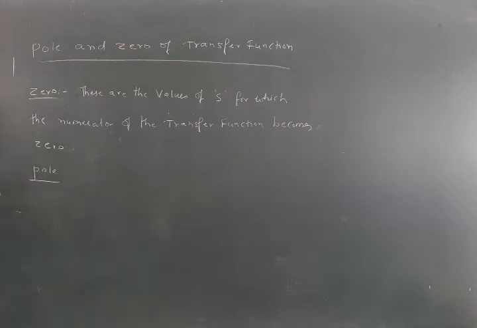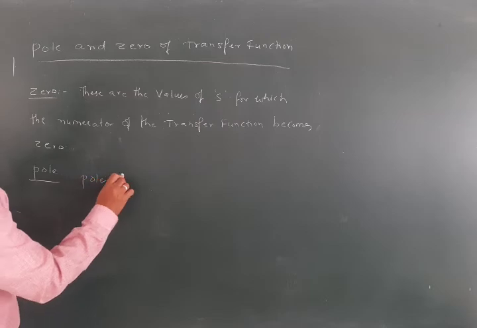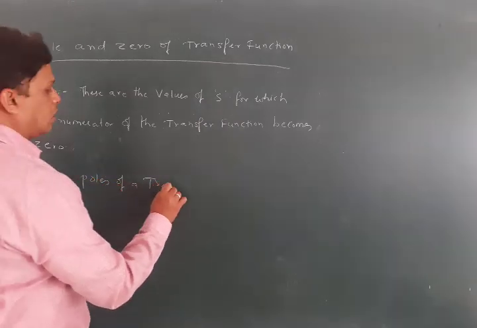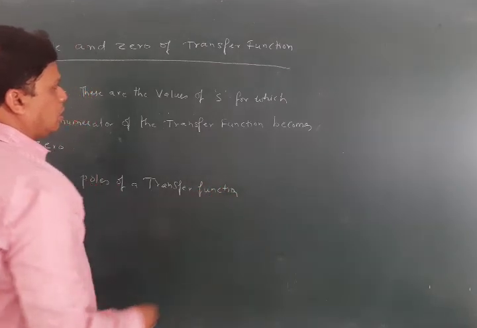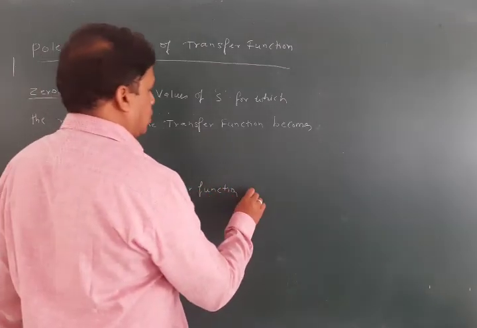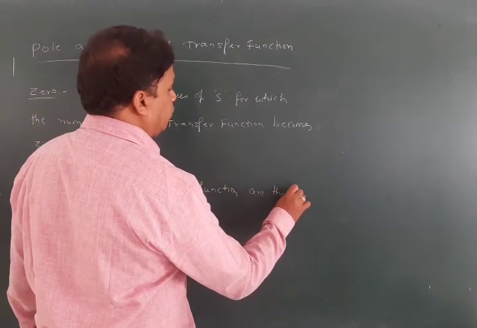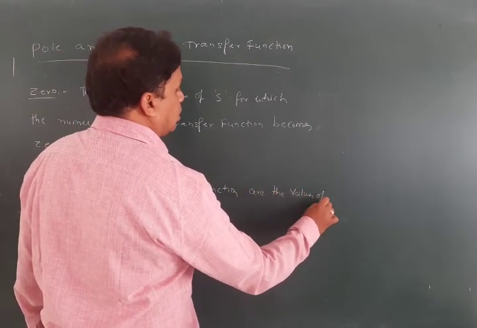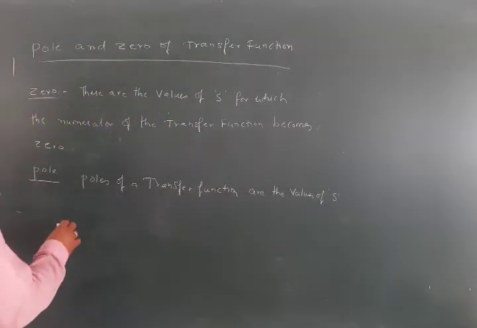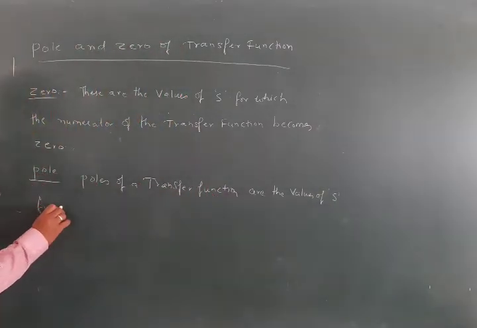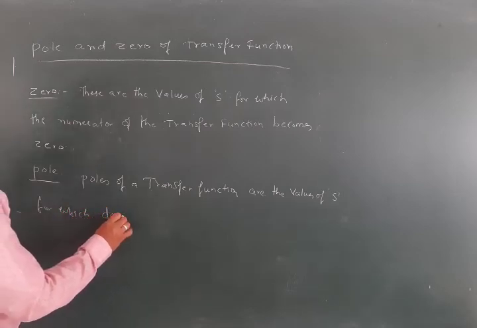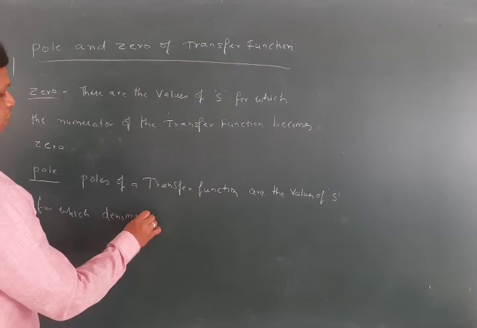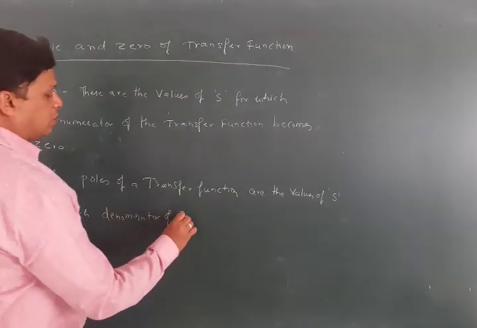The poles of a transfer function are the values of S for which the denominator of the transfer function becomes zero.